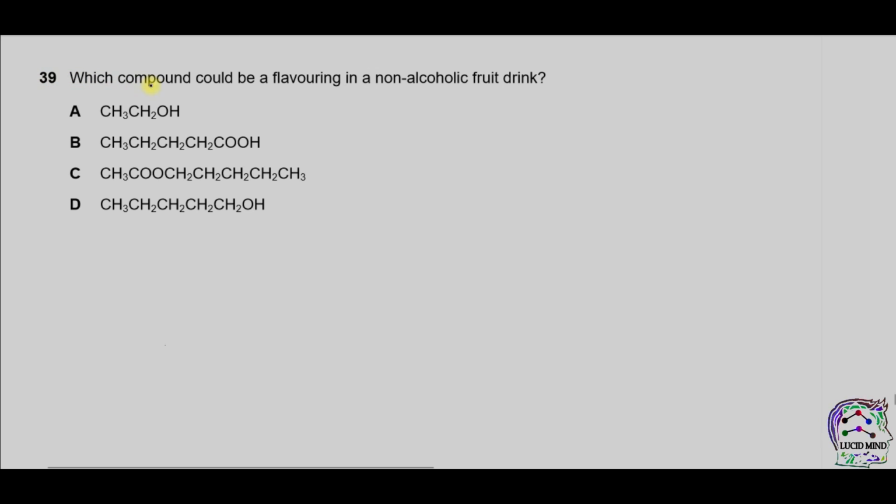Question 39. Which compound could be a flavoring in a non-alcoholic fruit drink? Now we know that for flavors we use esters. The functional group of esters is C double bond O, O, and on both sides we have alkyl groups.